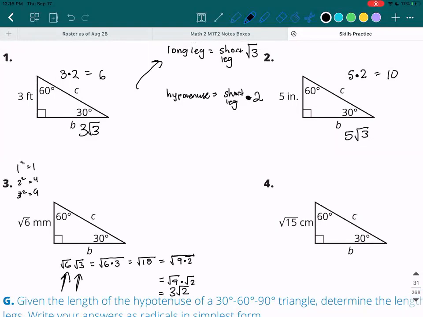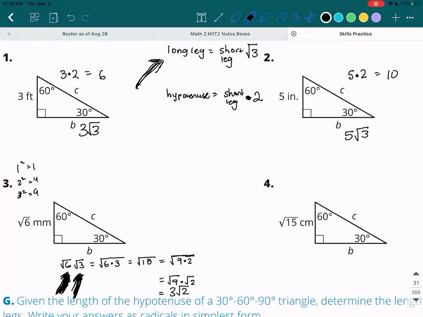Okay, I saw that my arrows were not being drawn. So let me say that again. I have this equation: long leg is equal to short leg times radical 3. Can you hear me now? Yes, okay.